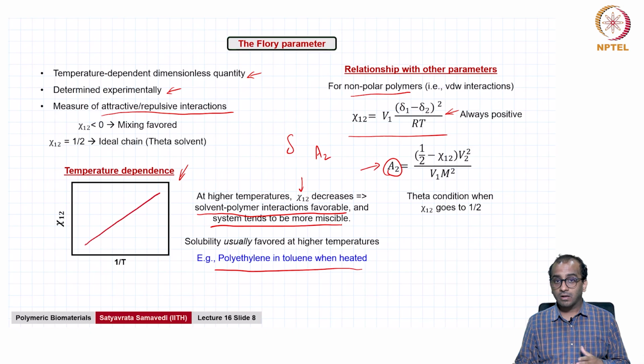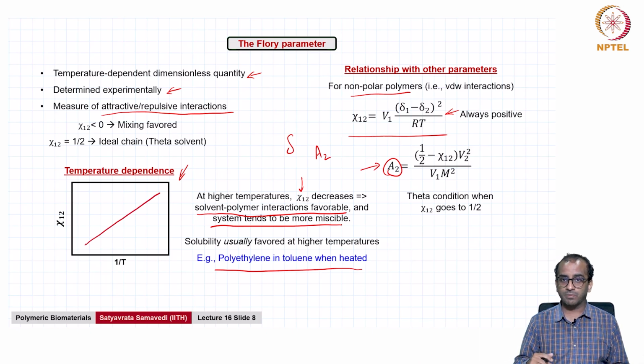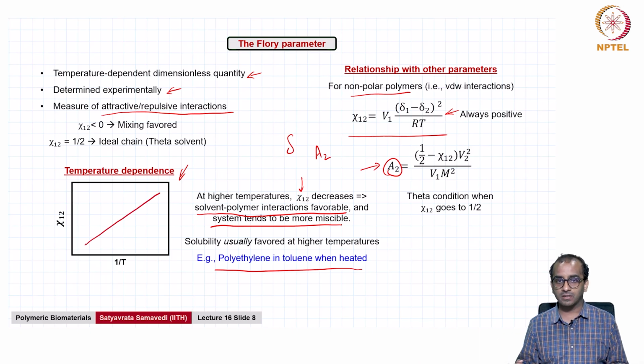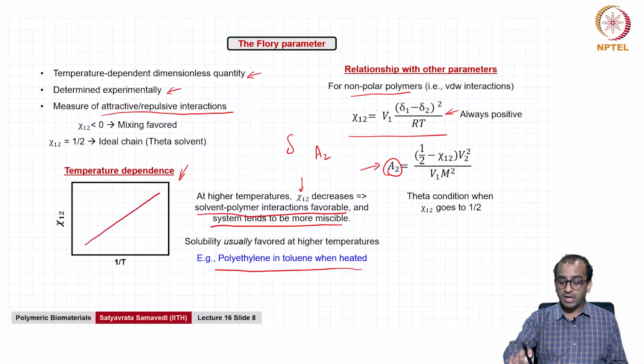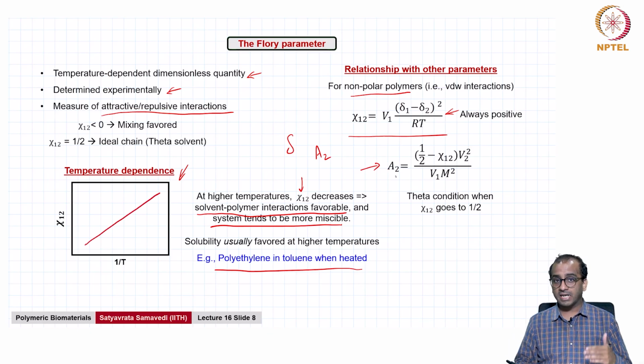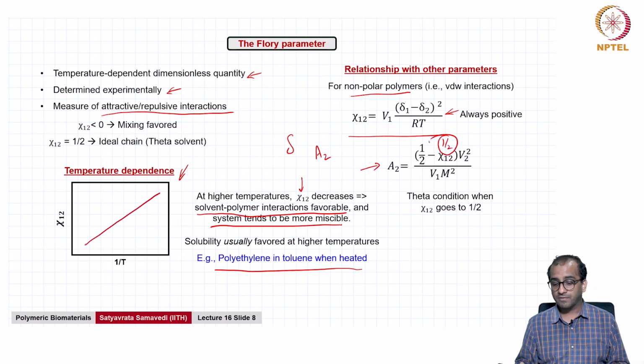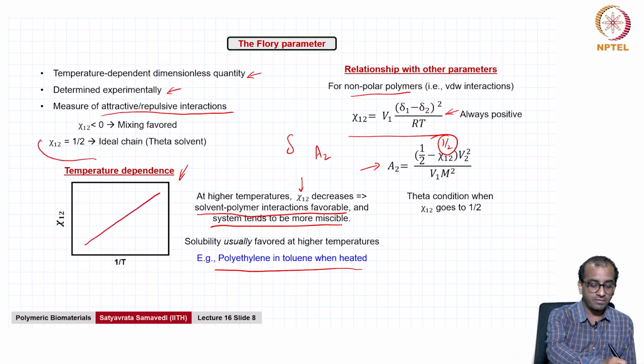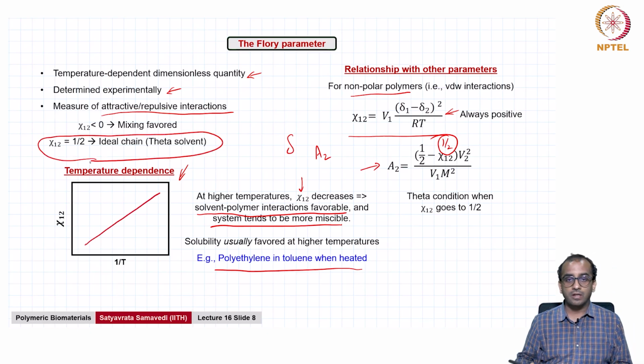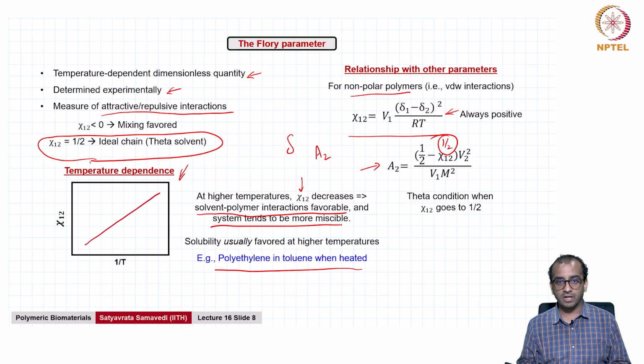When we looked at membrane osmometry, we were looking at osmotic pressure measurements, pi over C versus C. We saw that you can get the second virial coefficient from the slope of that line, and we would have said that in a theta solvent, A2 goes to 0, and you see here that if chi12 is half, A2 will go to 0, and that is why here we have said chi12 has to be half for the system to be in an ideal chain or a theta condition.